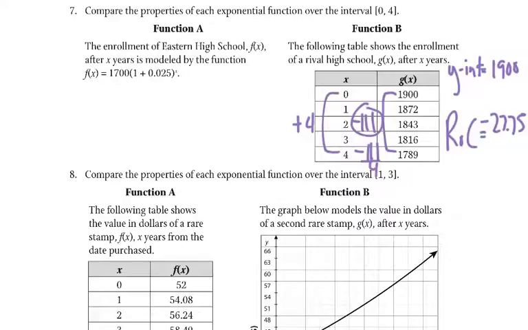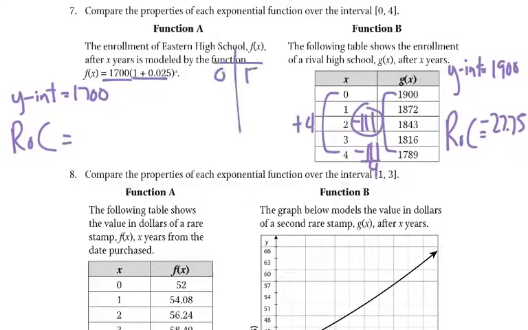Okay, so now let's look at function A. So y-intercept 1700. Okay, rate of change is right there. So we need to figure out at 0, it was 1700. We need to get to 4.